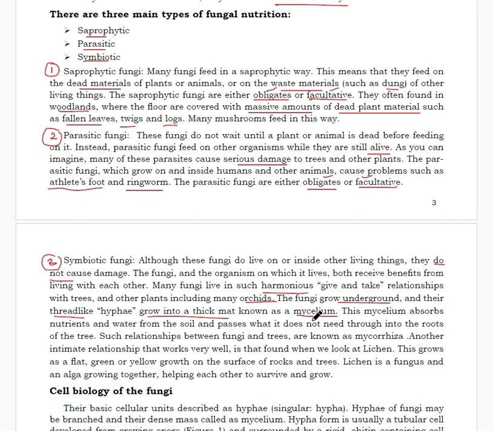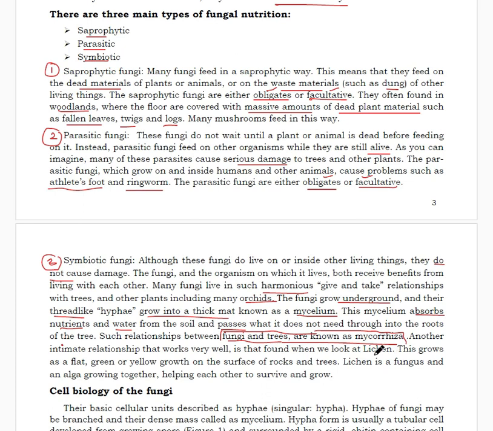And when the surface area of the root increases, they can absorb more nutrients and more water than the root hair can do alone. They pass these nutrients and water to the plant through the roots of the tree, and in turn the plant provides prepared food to the fungi. The relationship between the fungi and trees is known as mycorrhiza.